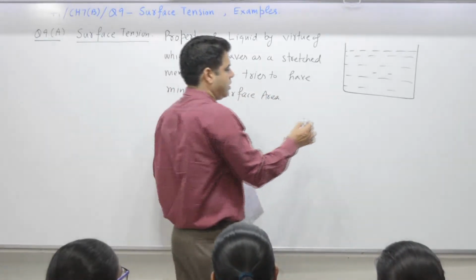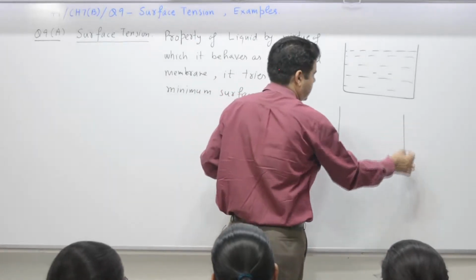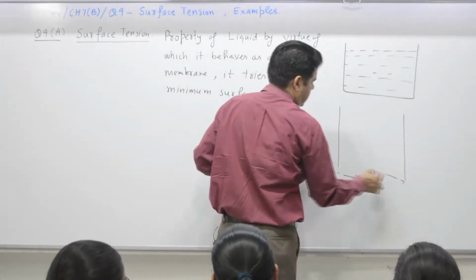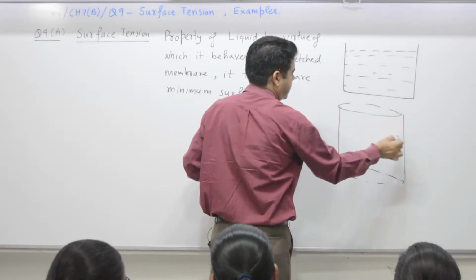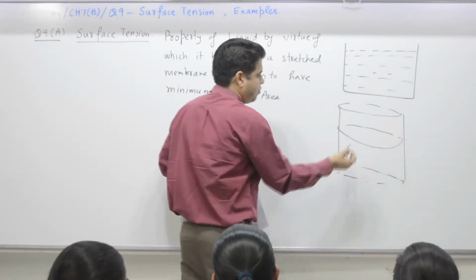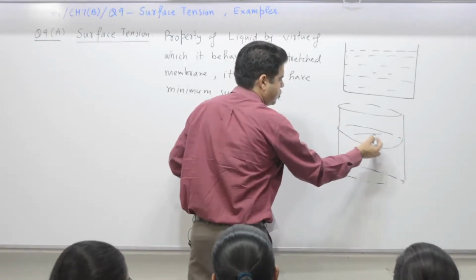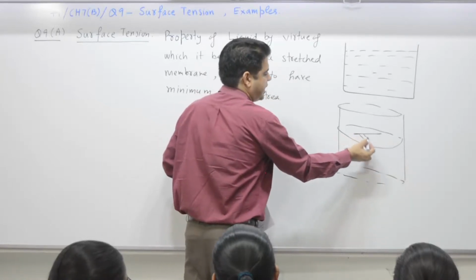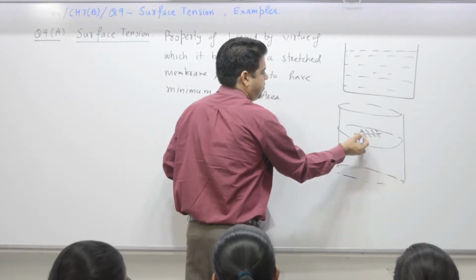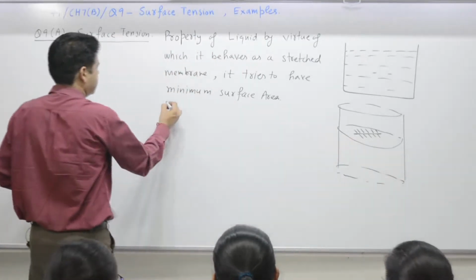This is one. Then how do you account for the same? In a container, there is a liquid level. You mark a line tangent to the surface, at the top.